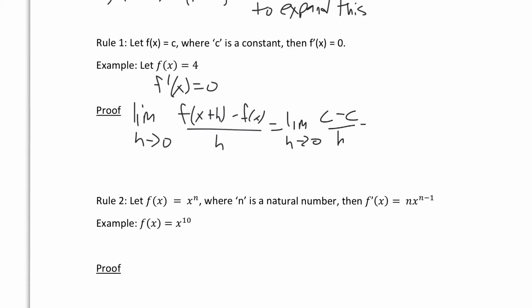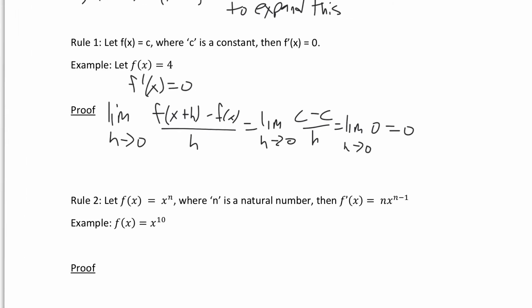Now c minus c will be 0, and 0 divided by anything, of course, is always 0. So we have the limit of 0. And the limit of a constant, of course, is just the constant. So there you go. We have the derivative equal to just 0. So we can put a little box there, and we proved our first rule.